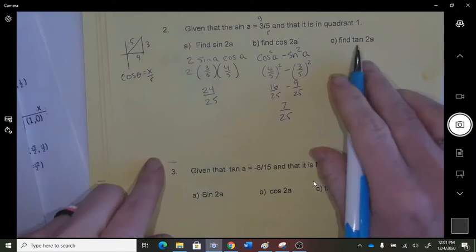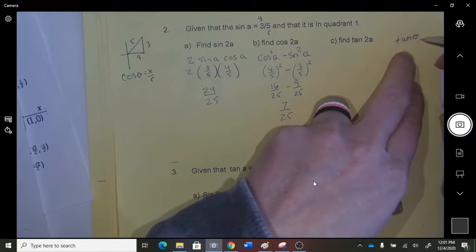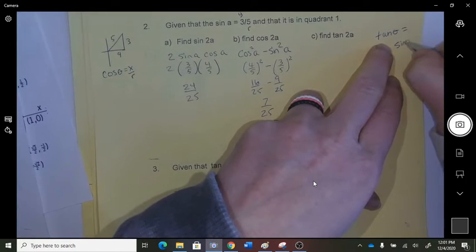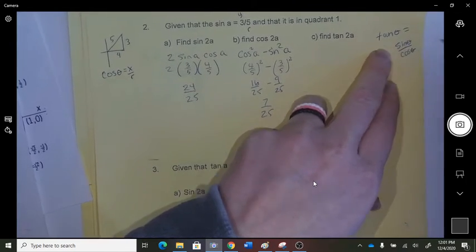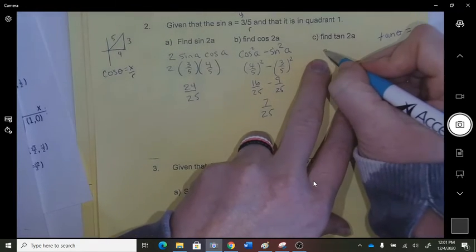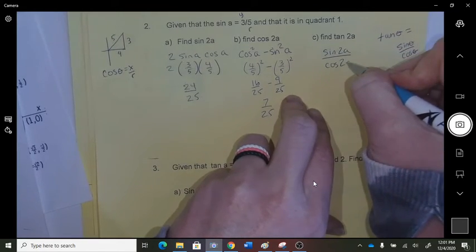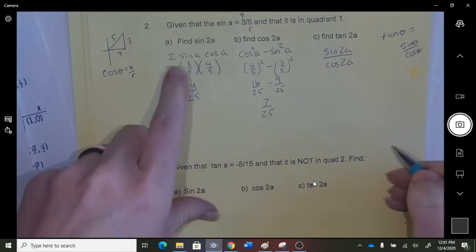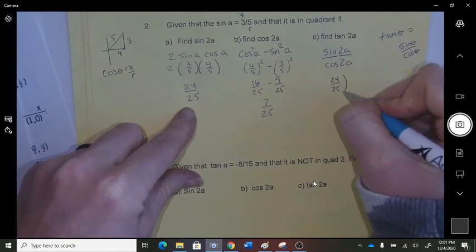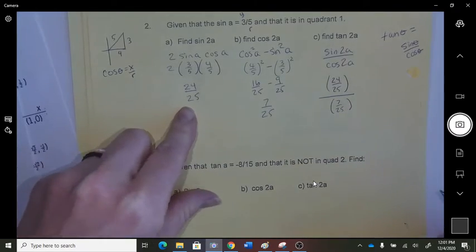Okay, now to find the tan, do you remember that a tan is sine over cos? So now I'm just going to go, what's the sine of 2a divided by cos of 2a, since I've already found those. So 24 over 25 would get divided by 7/25.